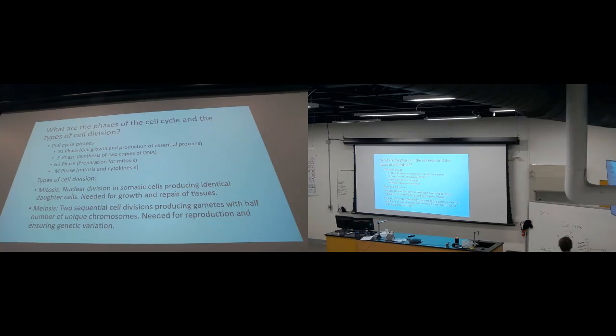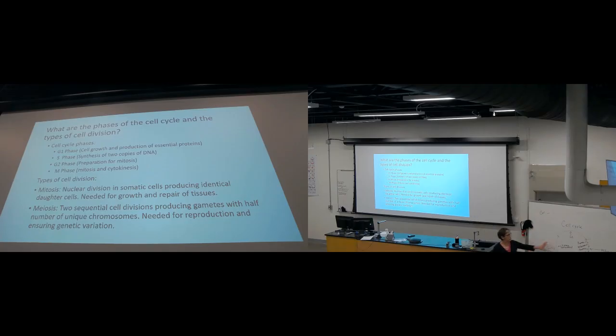And specifically in S phase is where you have DNA synthesis. That's when you duplicate your DNA. And then in G1, that's when you grab all the materials that are necessary for duplicating the DNA and making more organelles.